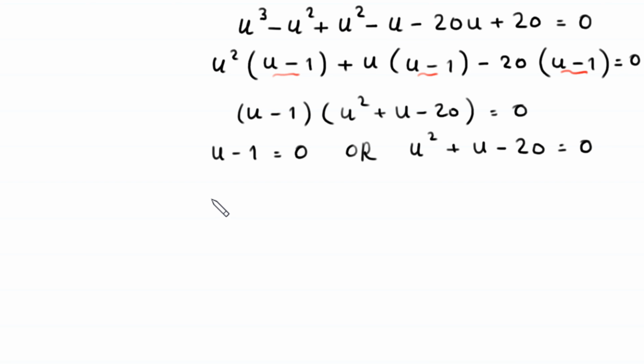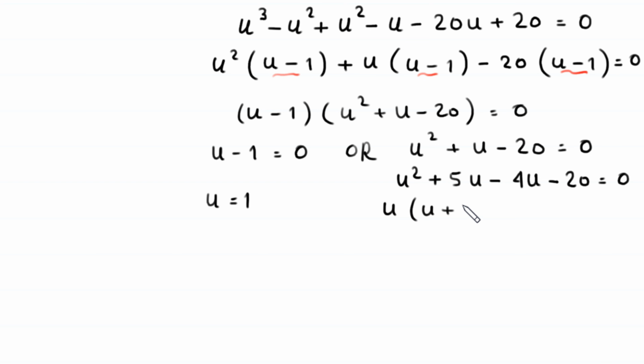From here we get the value of u equal to 1, and from this quadratic equation we can rewrite this equation as u squared plus 5 times u minus 4 times u minus 20 equal to 0. From these two terms we can factor out u, in brackets (u plus 5). From these two terms we can factor out negative 4.